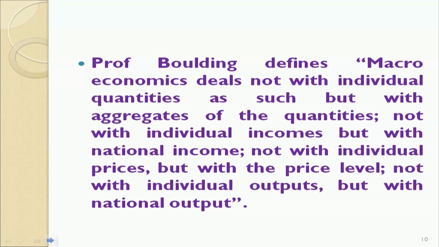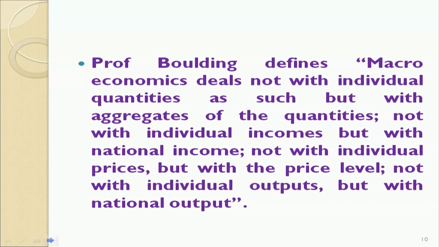The second one deals with national income, not individual income. Macroeconomics does not concentrate on individual income; it concentrates on the aggregates of income. We are not going to study the source of the individual who earned the income.